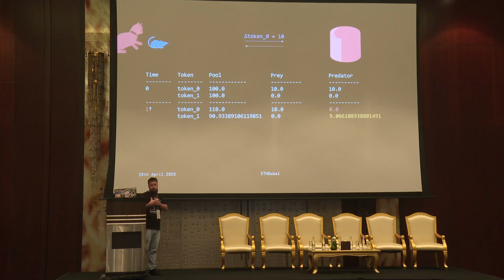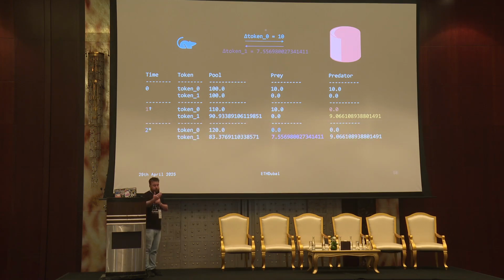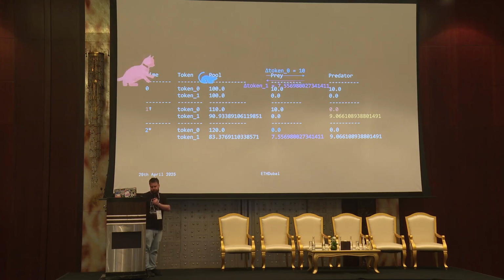And then, only after the attacker's transaction has been processed by the liquidity pool, do we let the user transact against that changed state in the liquidity pool. Because I control the ordering in the block, I have this flexibility to move the transactions around. So then we paste the user's transaction immediately after the attacker's transaction. And then we can just look at the difference in the token output that they got from that liquidity pool.